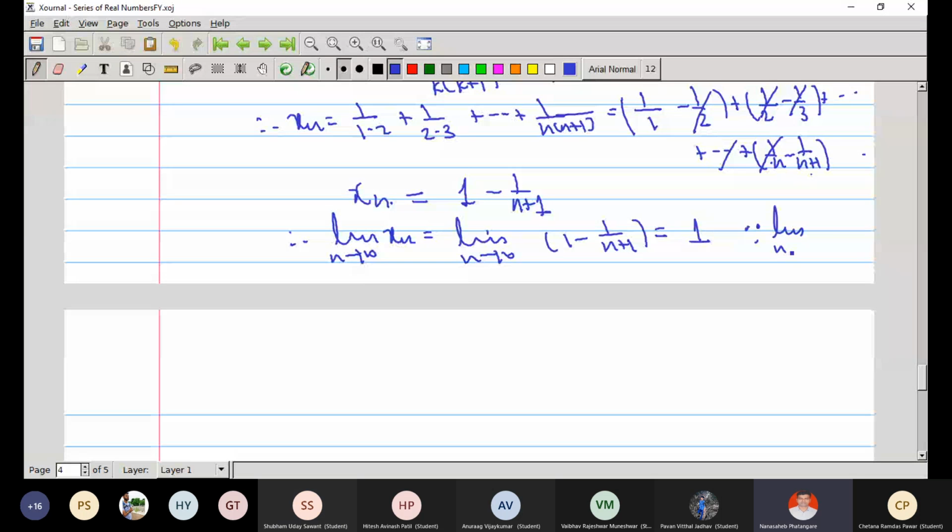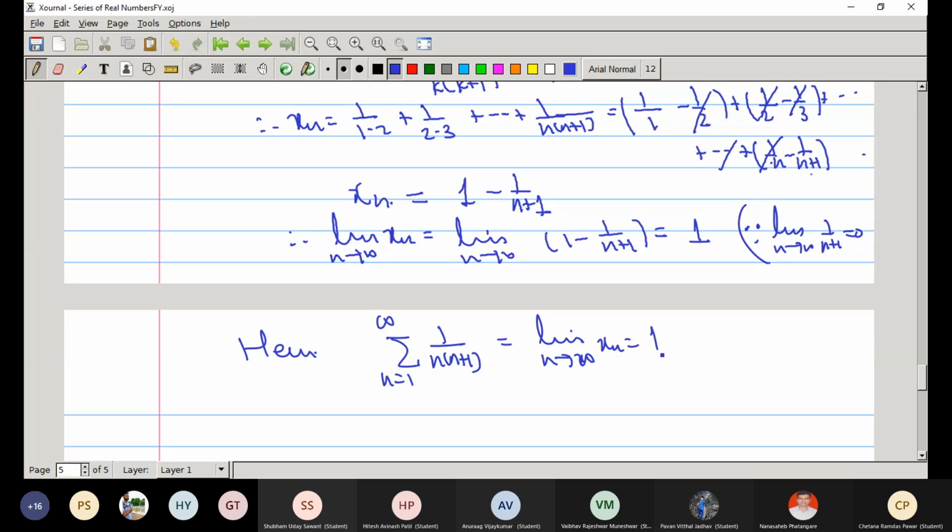Therefore this limit is 1, and hence the sum of the series is 1.